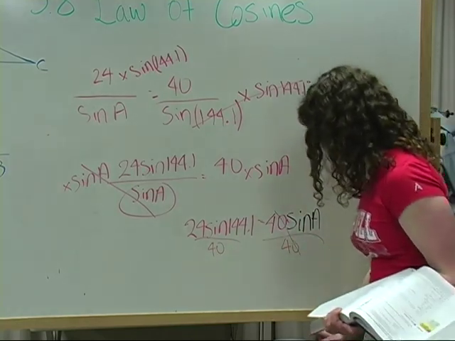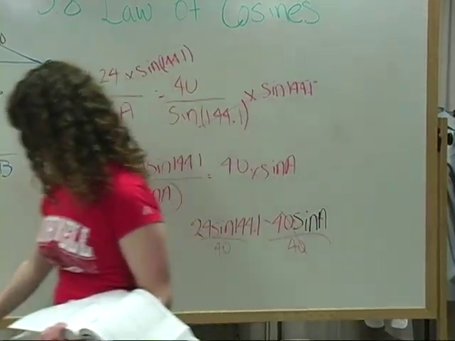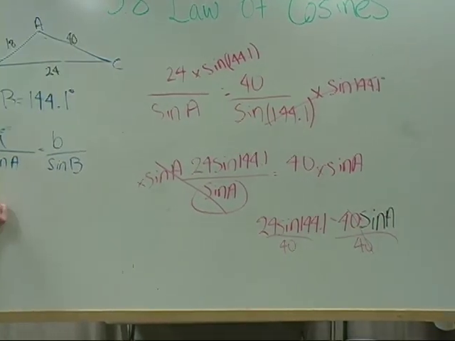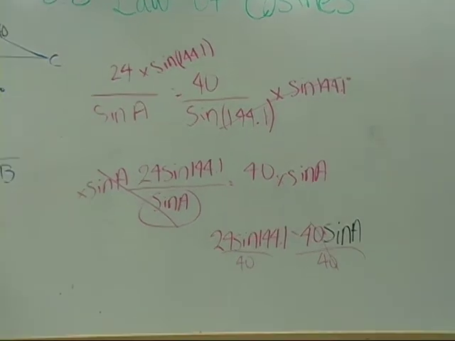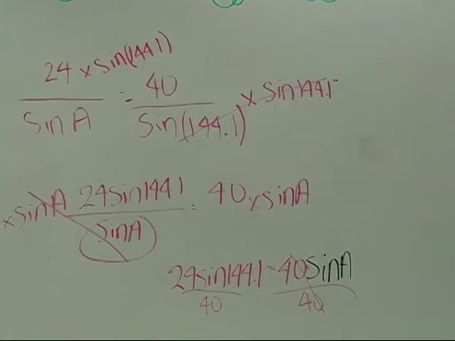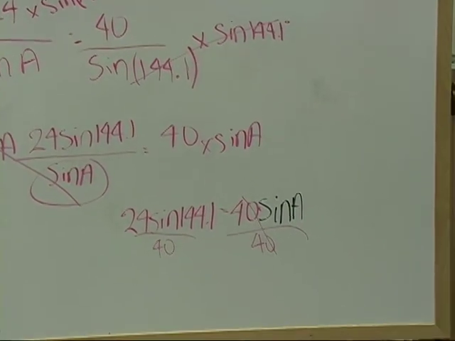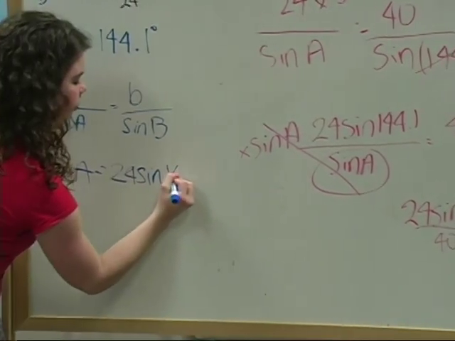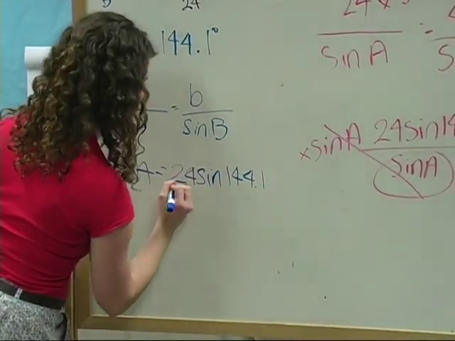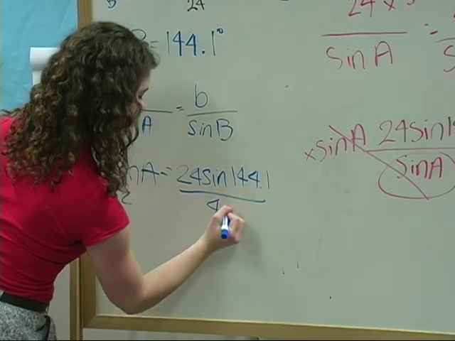So, going ahead and writing it over here, sine A equals 24 sine 144.1 over 40.